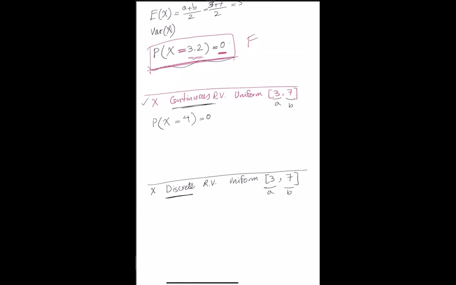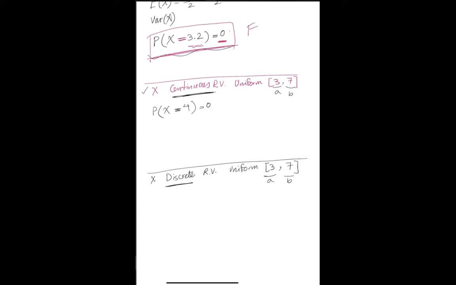For any continuous random variable, the probability of x equal to something is always 0. However, what is probability of x equals to 4? Is this 0 for this problem as well? Is this correct? I want to say yes. Why? I'm not too sure. So, actually, it might not be because it's discrete, so I think maybe it only equals zeros when it's continuous.